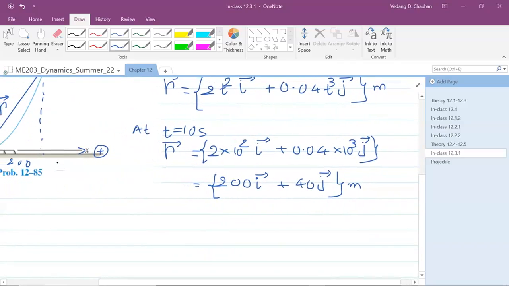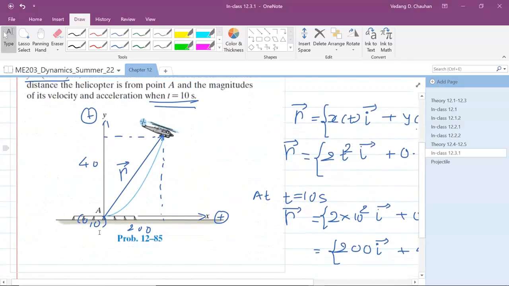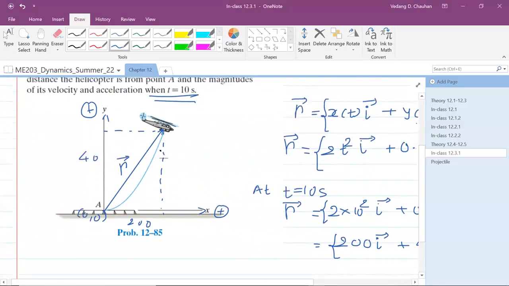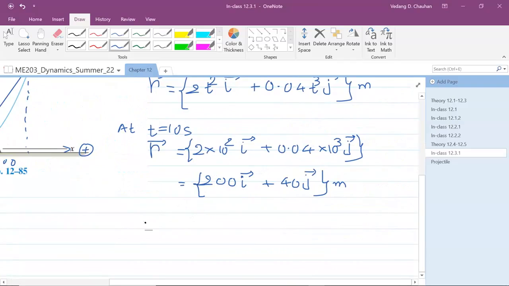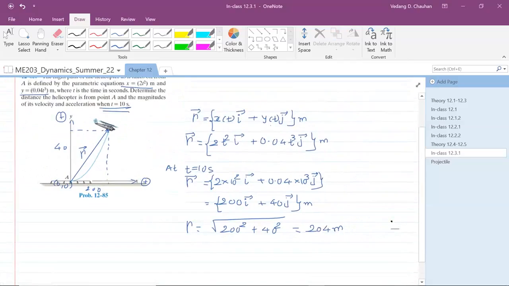But we need to calculate the magnitude of the position vector, that is, its distance from point A. So the distance from point A is the length of this vector. How do we find the length of this vector? By calculating the magnitude of the vector, which is the square root of the x component squared plus the y component squared, and this is 204 meters. So this is our first answer, for position.